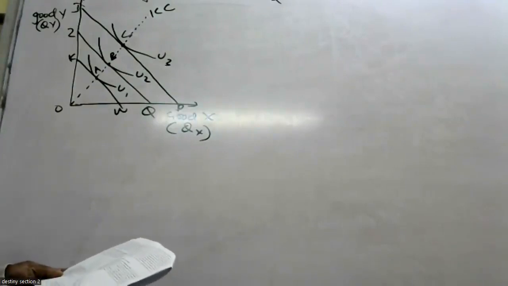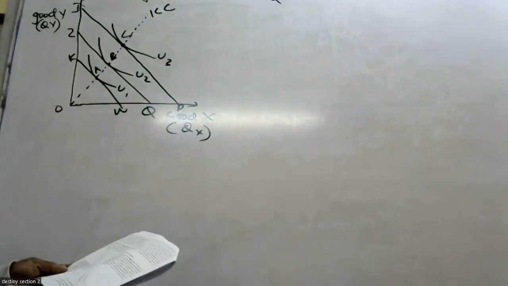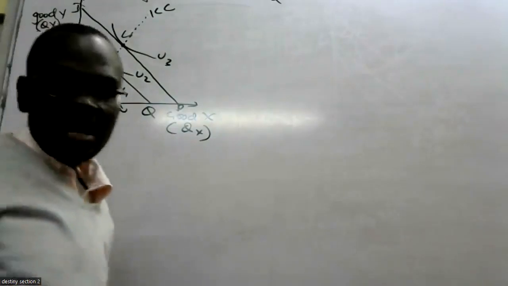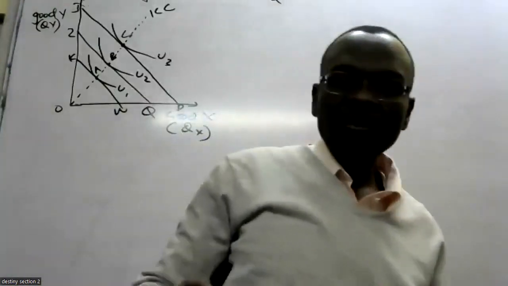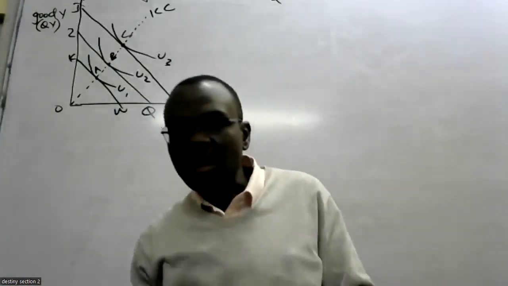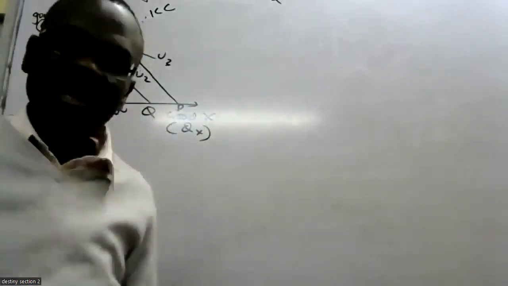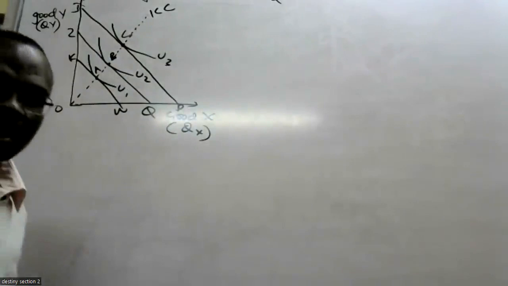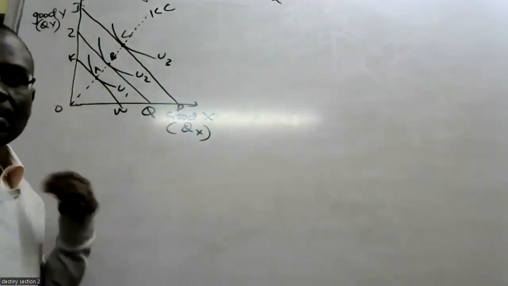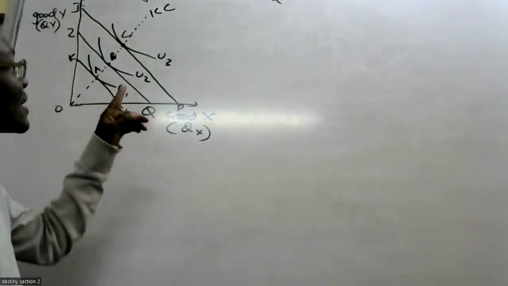The ICC shows what will happen to the consumer's demand for both commodities as the income changes. So if the examiner asks you to show diagrammatically what would happen to the equilibrium position if the consumer's income changes, then the examiner wants you to illustrate the income consumption curve.